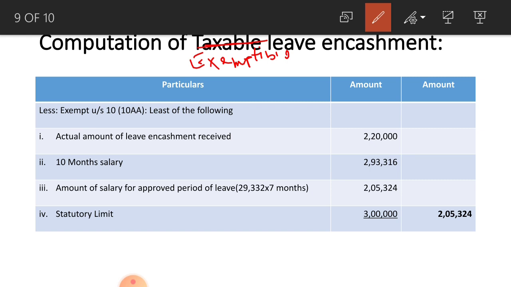Amount of salary for approved period of leave: 29,332, the 10 months average salary, into 7 months to his credit, 2,05,324 rupees. Next, statutory limit 3 lakhs. Whichever is less is your exempted amount of leave encashment, that is 2,05,324 rupees is exemptible leave encashment.